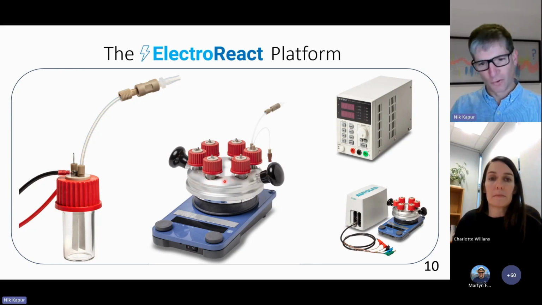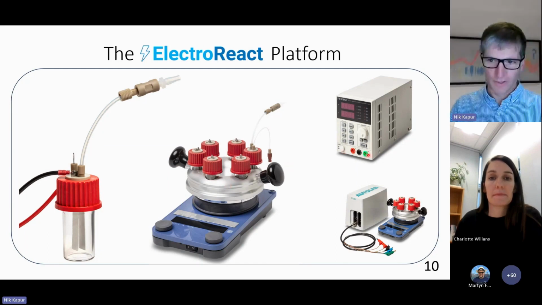What this ensures is that the mixing in each of the reactors is going to be the same. There'll be a magnetic flea in the base of each of these, and one stir hot plate will drive mixing within all of these. We can also maintain temperature, or if we want to, investigate the effect of temperature. One of the features of electro reactors is that they're flexible.